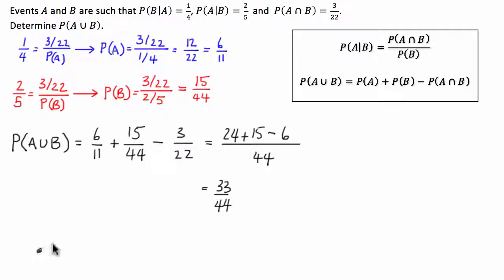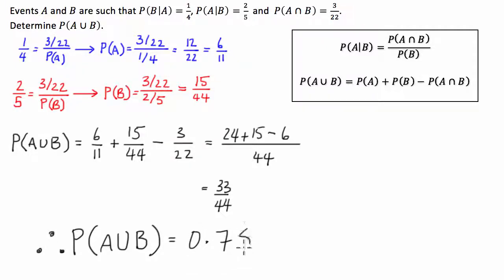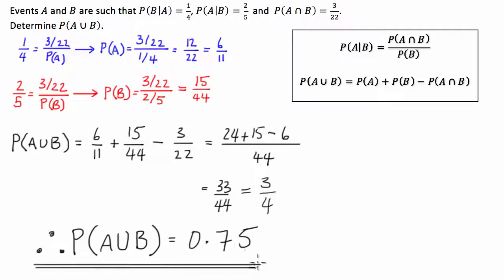So we can say that in the end, guys, the probability of A or B, or the union of A and B, is equal to 0.75, because we know that 33 over 44 is equivalent to just 3 on 4. So this here is our answer right down the bottom.